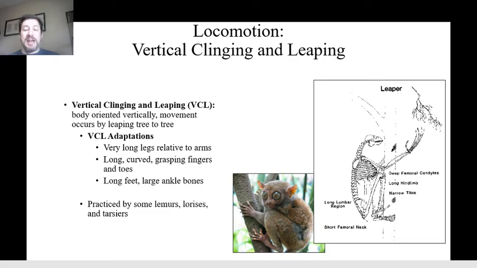And when they catch onto that tree, they have, again, long fingers, and to push off of the first tree, they have extremely large legs relative to their arms. So you can see the tarsier here, his legs are practically as long as his whole body, while his arms are very short. And then they have long feet to push off with, and very large ankle bones. Their calcaneus is relatively large because they use that as a shock absorber when they catch on to the next tree. So again, just watch the video. It will all make sense when you see it in action.